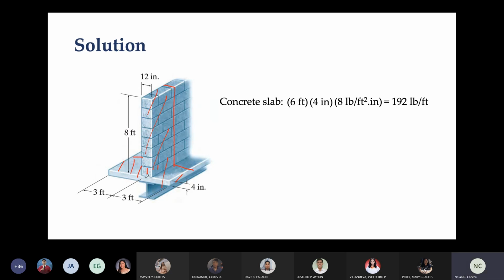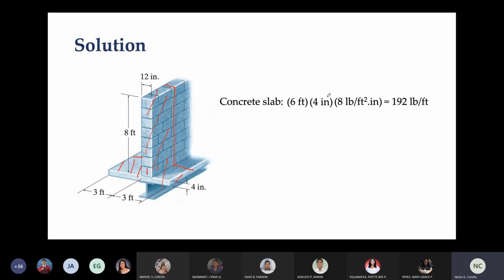And so we multiply, and the resulting product is 192 pounds per foot. So for every 1 foot length, the weight of the slab is 192 pounds. And again, if I take another 1 foot here, the weight of the slab is still 192 pounds. Another 1 foot, it's again 192 pounds because the weight is 192 per foot length of your slab.